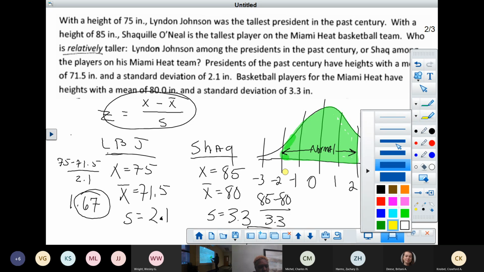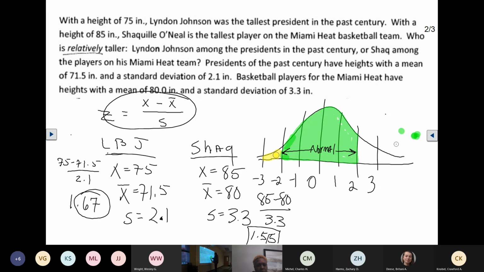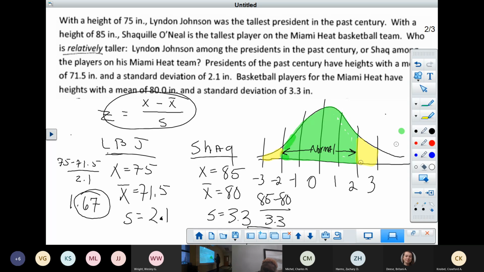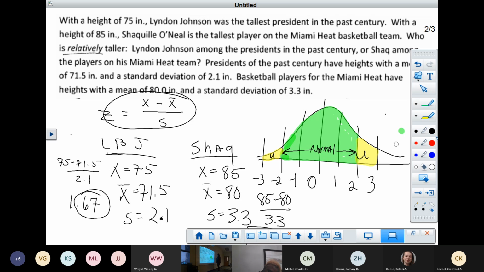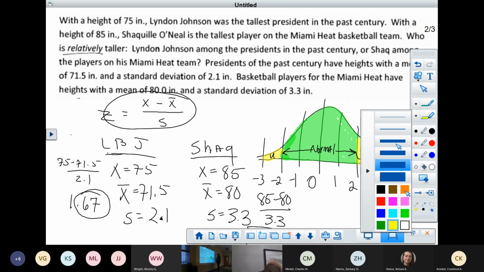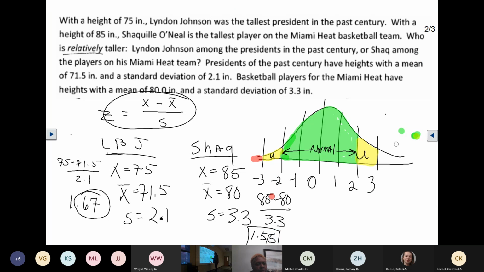What's right outside of the green? Unusual. Good. So you're the one that listened that day. Sorry, my U is a little bit off on that side. Again, my pen is not writing where it's supposed to. All right, and then the red. And y'all all know what the red stands for. What does the red stand for? Starts with O. Outliers.